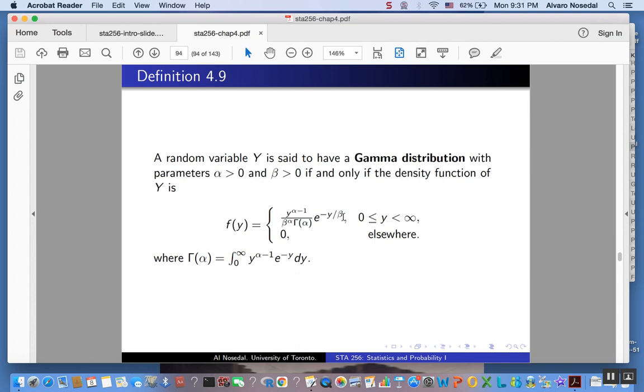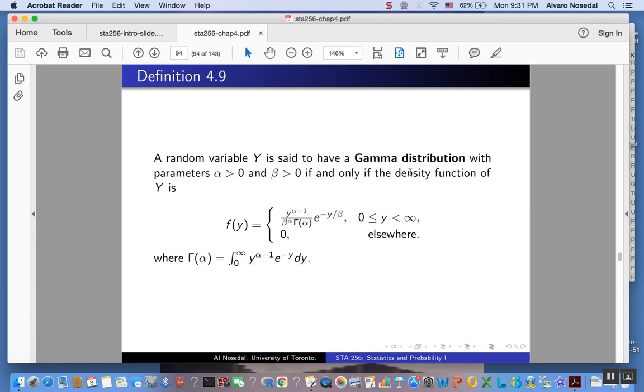A random variable with an exponential distribution and parameter beta is a member of that family. This is just a more general version of the exponential distribution, a wider family.